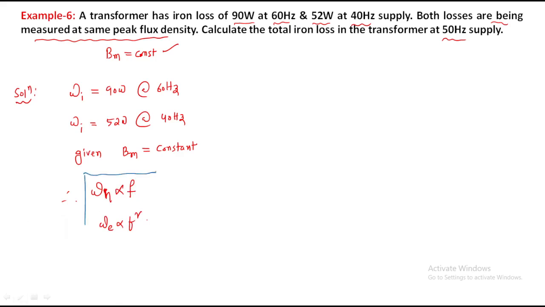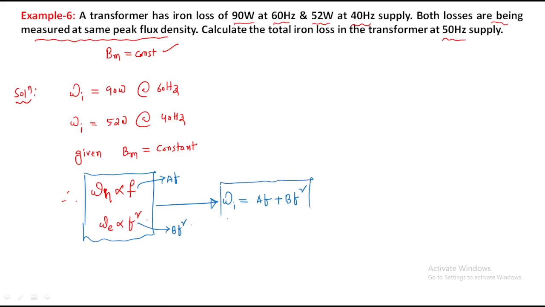Because B max is constant. So from this, iron loss should be equal to AF plus BF square. First we have to calculate the values of A and B. Later we have to calculate the total iron loss at 50 hertz.